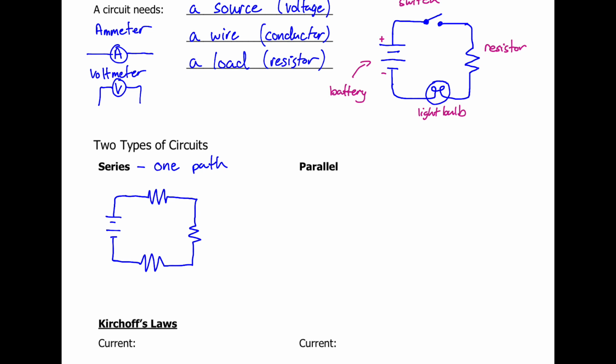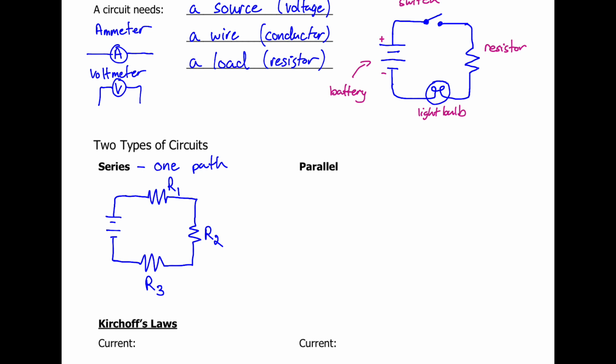And I'm going to creatively call these resistor 1 with a subscript, resistor 2 with a subscript, and resistor 3. Very creative names, but hopefully we can see where they all come from.